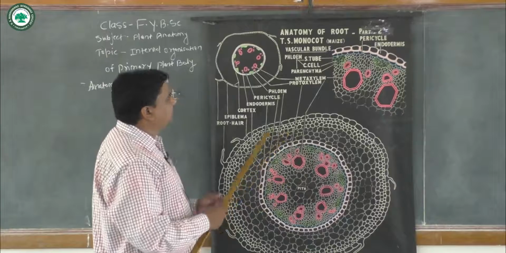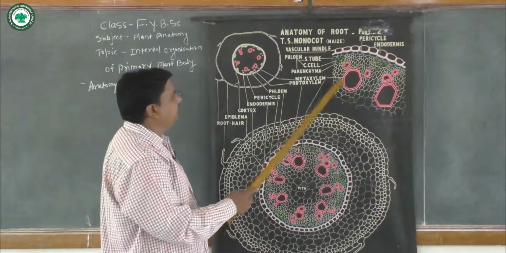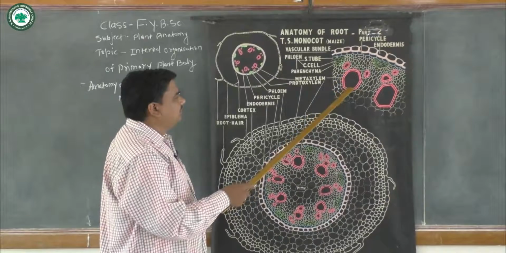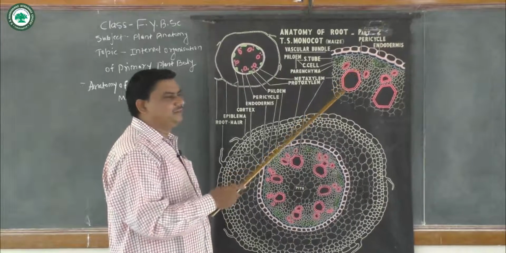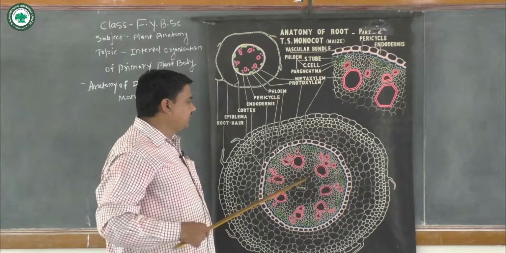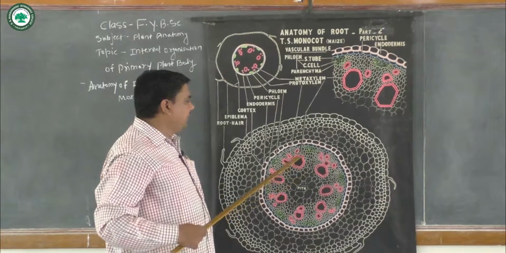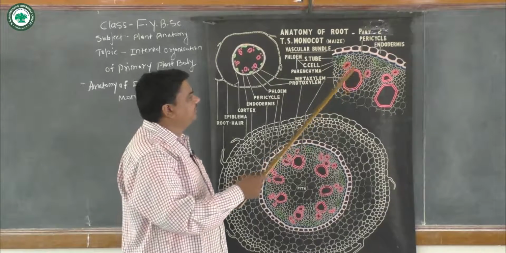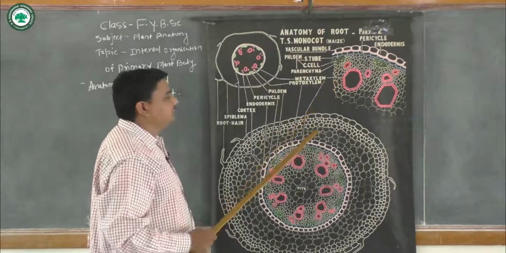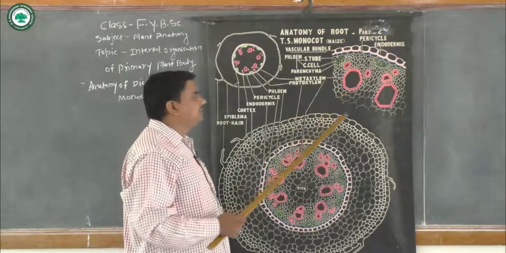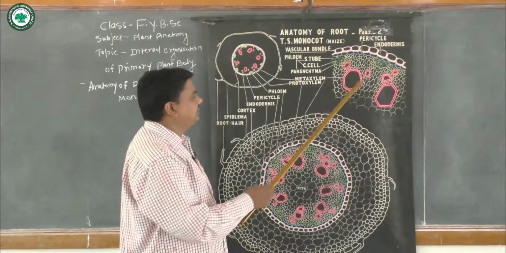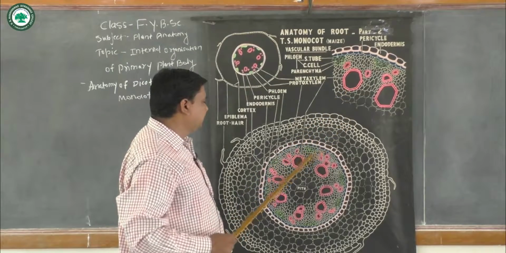Here you can see the stellar region. You can see the larger elements of the xylem, which we call the metaxylem, towards the center, and smaller elements of the xylem towards the periphery. So the condition of the xylem is exarch type.